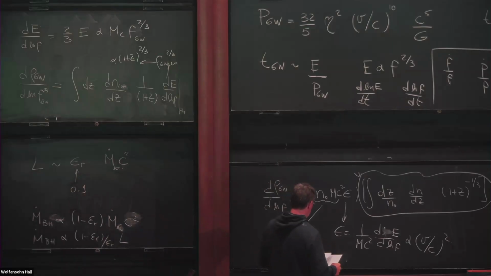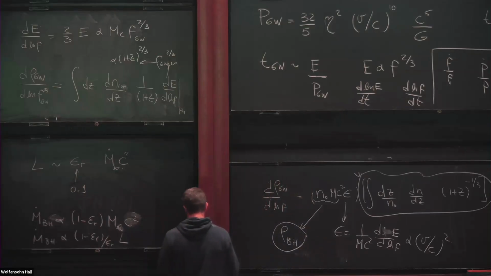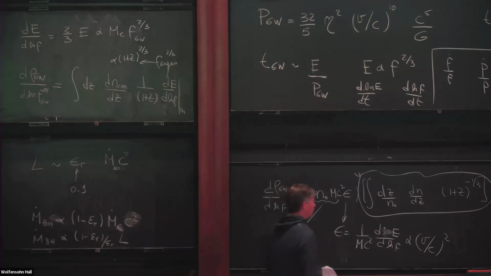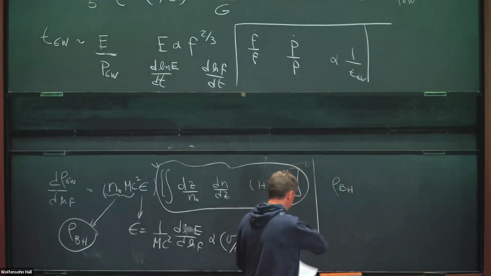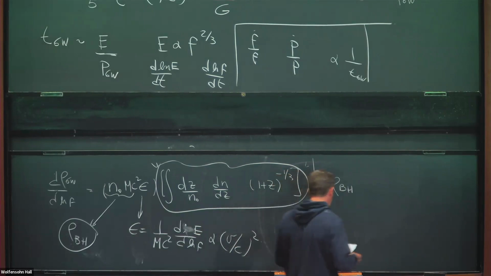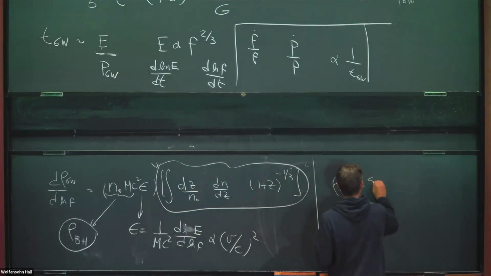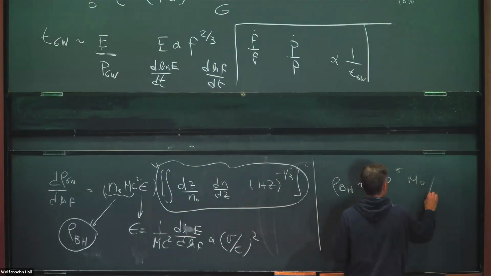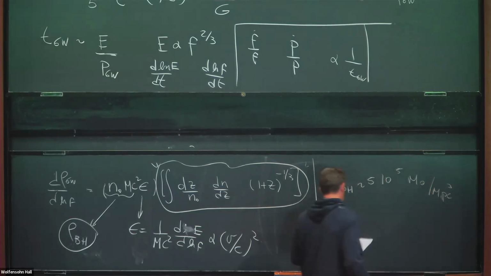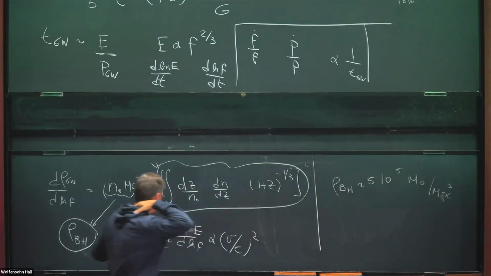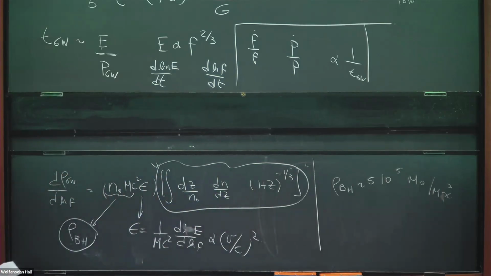When you do that, you get an estimate for the mass density in black holes, which is around 5 times 10 to the 5 solar masses per megaparsec cubed. That's what you get if you put in a radiative efficiency of order 0.1.